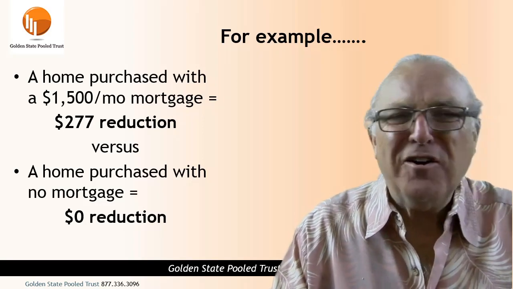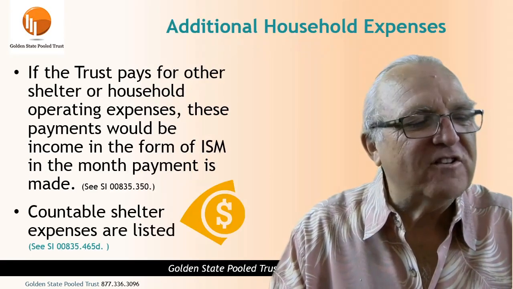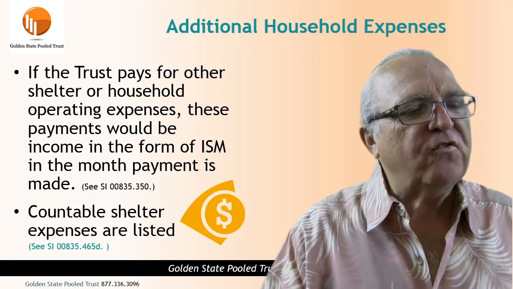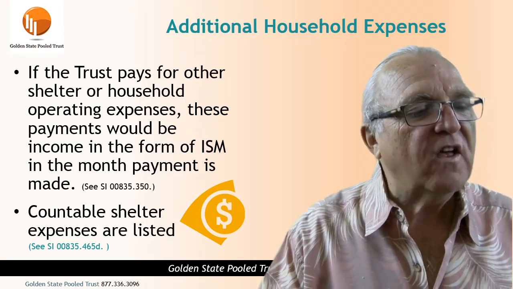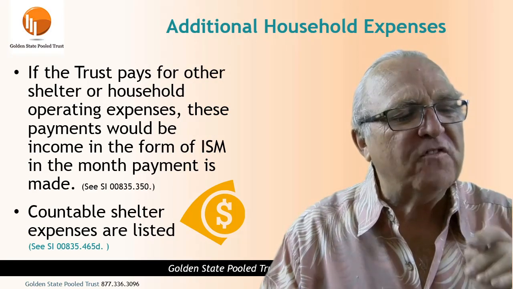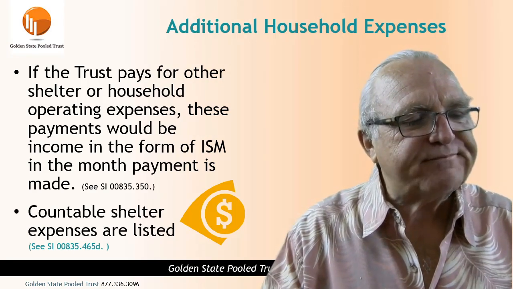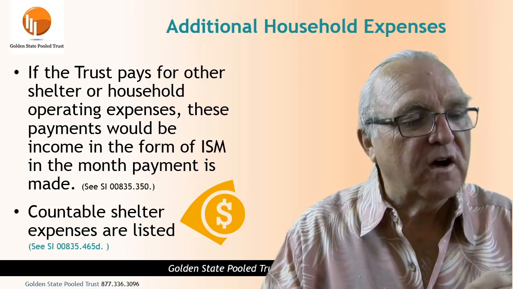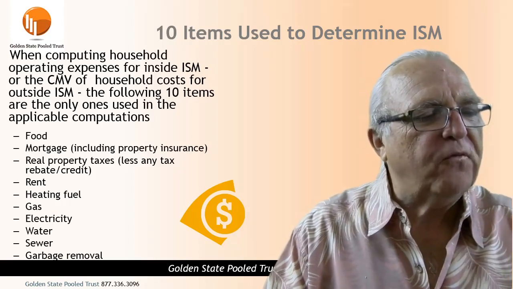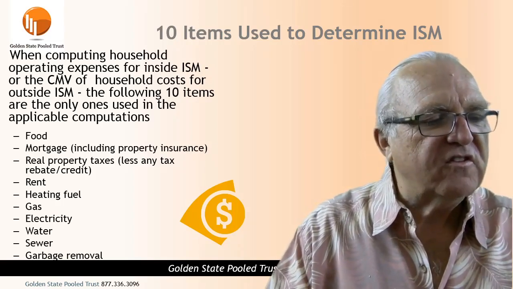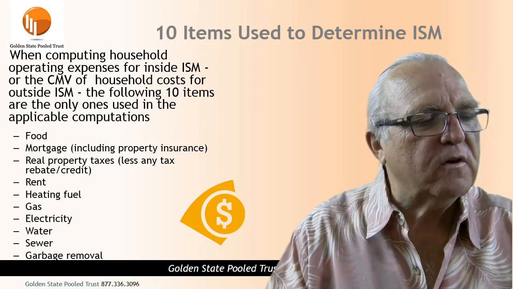Well, let's say that our beneficiary actually likes heat and water and garbage and that kind of thing. If the trust pays for other shelter or household operating expenses, these payments would be income in the form of in-kind support and maintenance in the month the payment is made. And the shelter expenses are listed once again as the 10 items we've seen before, which is food, mortgage, real estate taxes, rent, heating fuel, gas, electricity, water, sewer, and garbage removal.